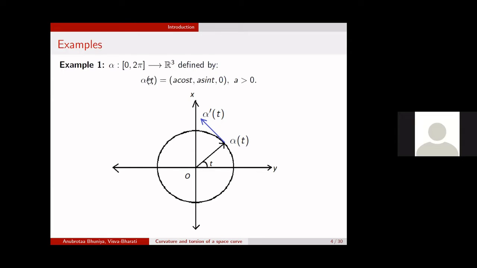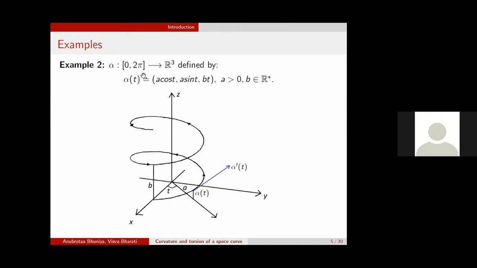What is the parameter t representing here? It is the angle the radius vector makes with the x-axis.